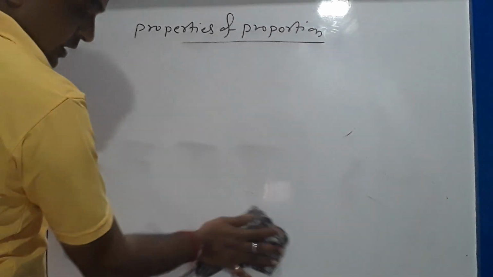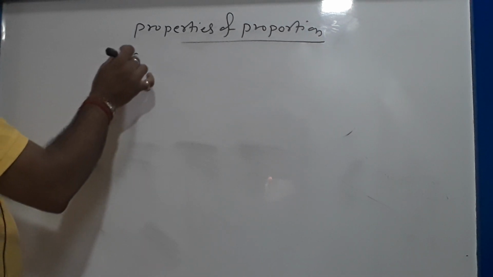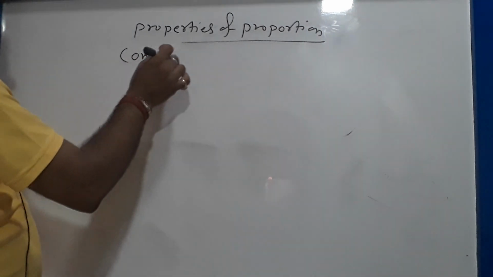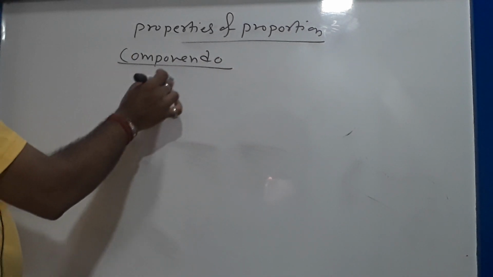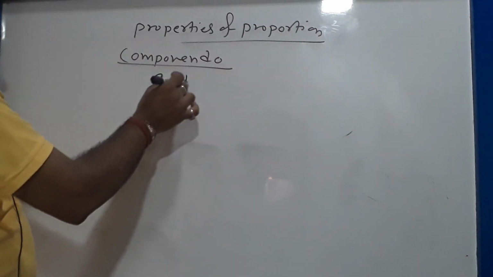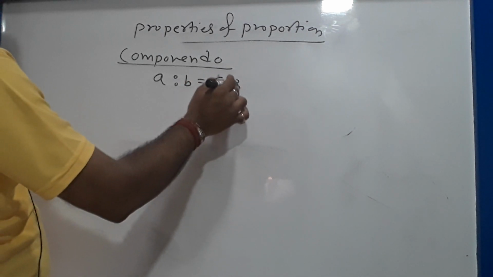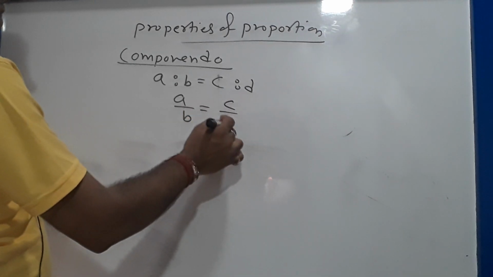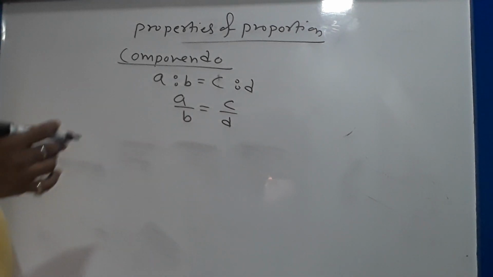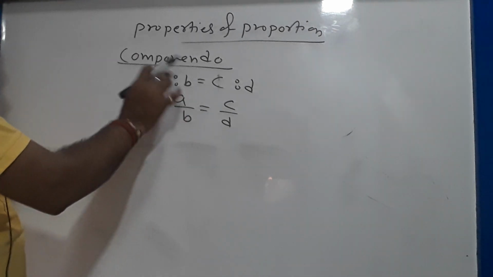Then it comes componendo. Componendo means A ratio B is equal to C ratio D. Correct? It is given. So A upon B is equal to C upon D. Using componendo we can add denominator in the numerator.